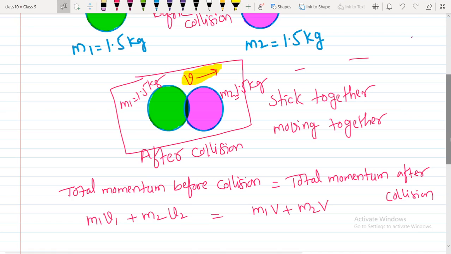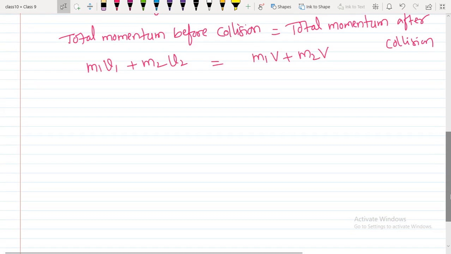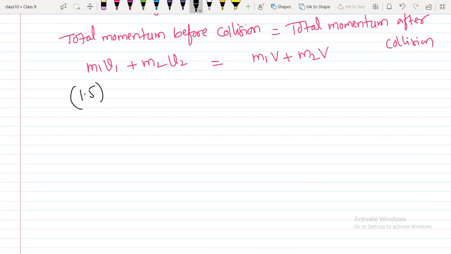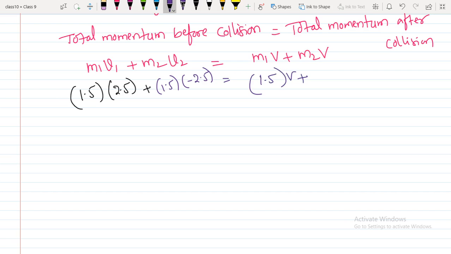Now let us substitute the values which are given. m1 is 1.5 times v1, that is 2.5, plus m2 value is also 1.5 and v2 is minus 2.5, is equal to m1, 1.5 times v, plus m2, 1.5 times v.